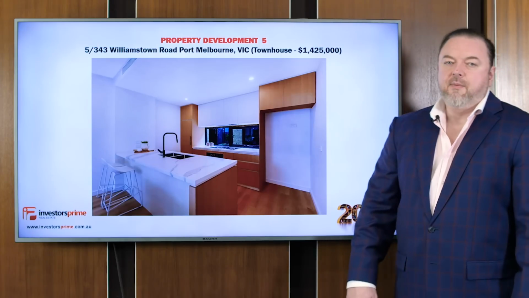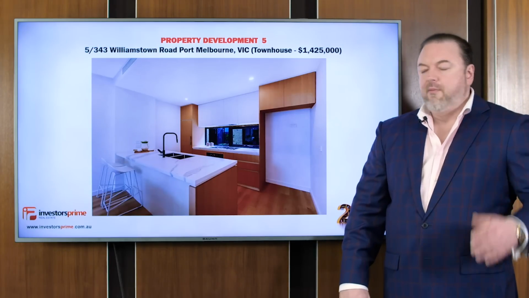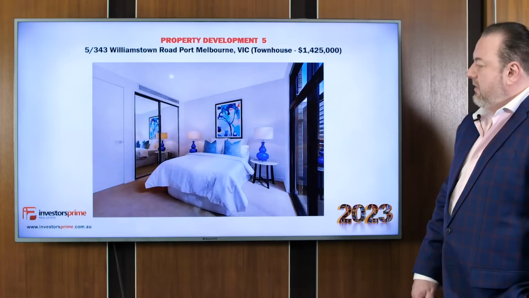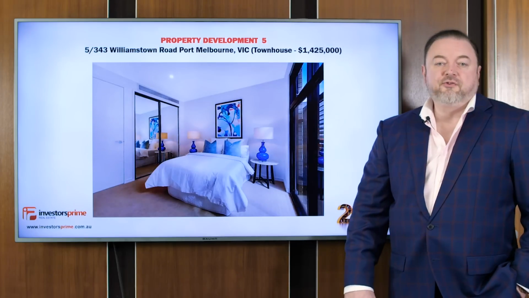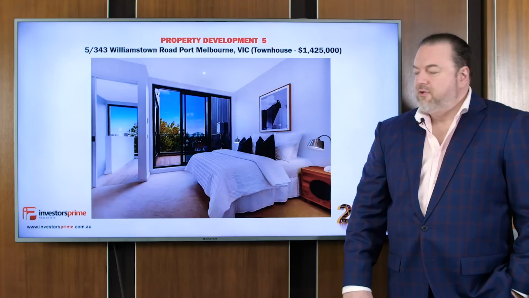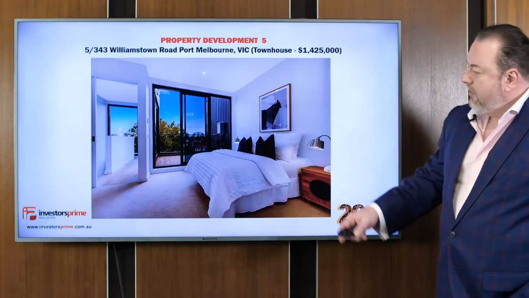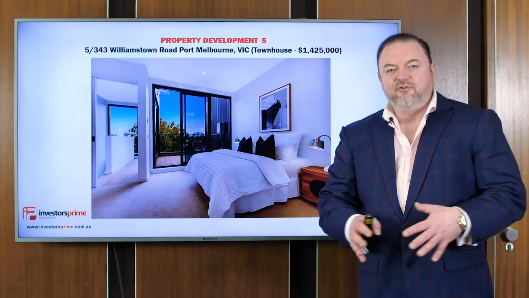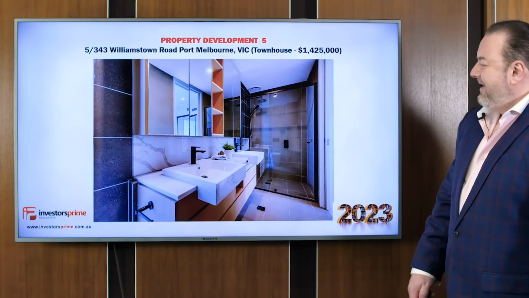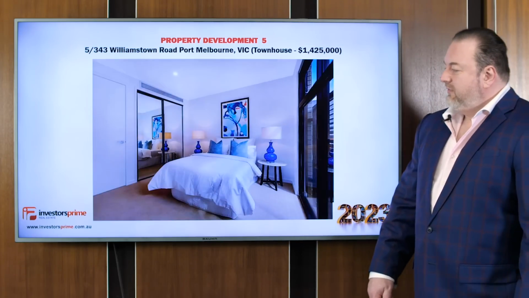This was completed about 3 years ago, never been lived in, brand new. Some of them had tenants, some of them had no tenants. This was the one the developer used for staging and selling the other townhouses, so you had staging furniture. Which is funny because they always make the bedrooms look, the furniture really small, so they give you this kind of illusion of space. Very good fixtures and fittings.